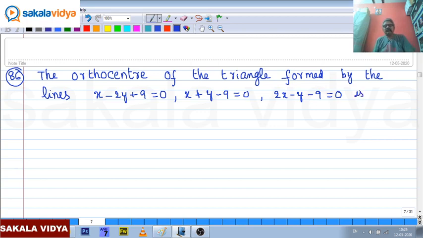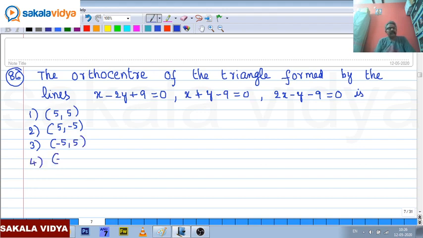Is: first option 5 comma 5, second option 5 comma minus 5, third one is minus 5 comma 5, fourth option is minus 5 comma minus 5.